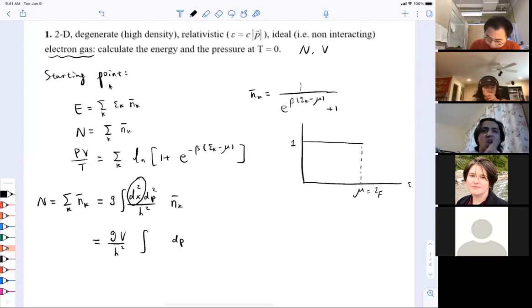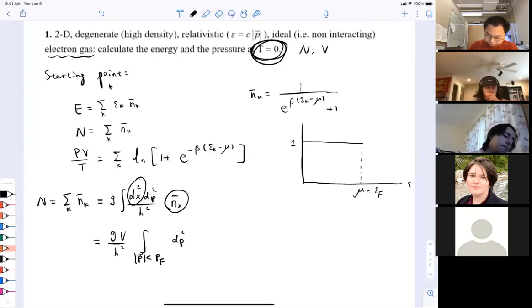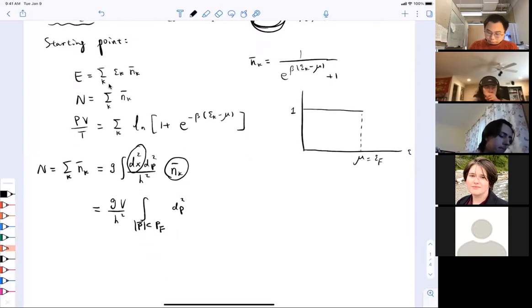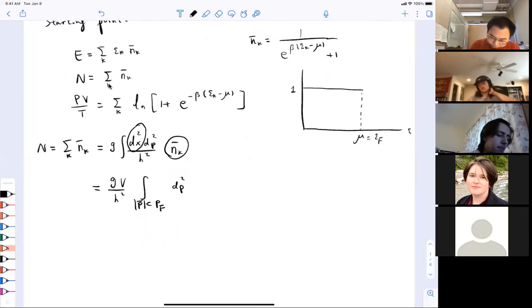And dp squared. Remember, because it's zero temperature, this guy is a step function. So this integral is over p up to PF, right? It's integration over a disk, and we know how to do this integral.